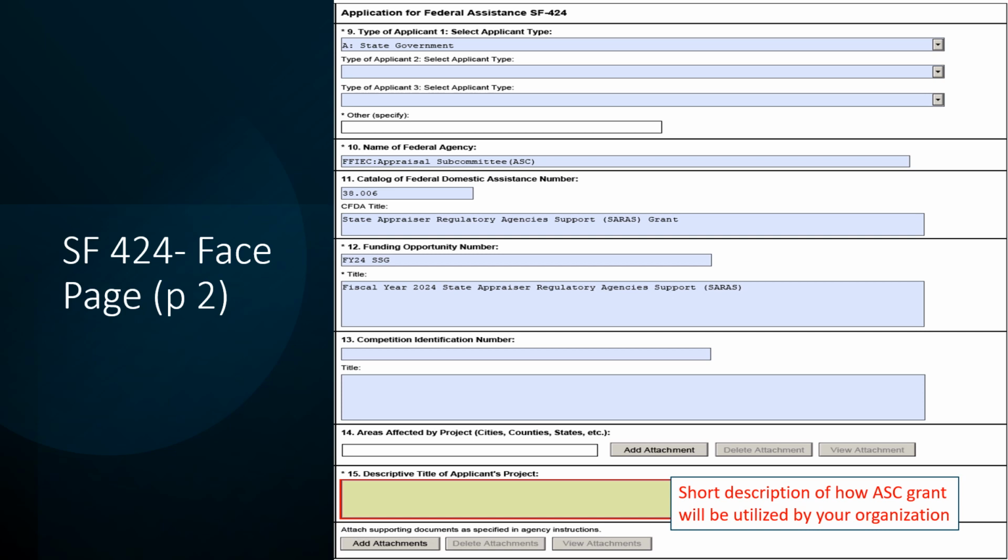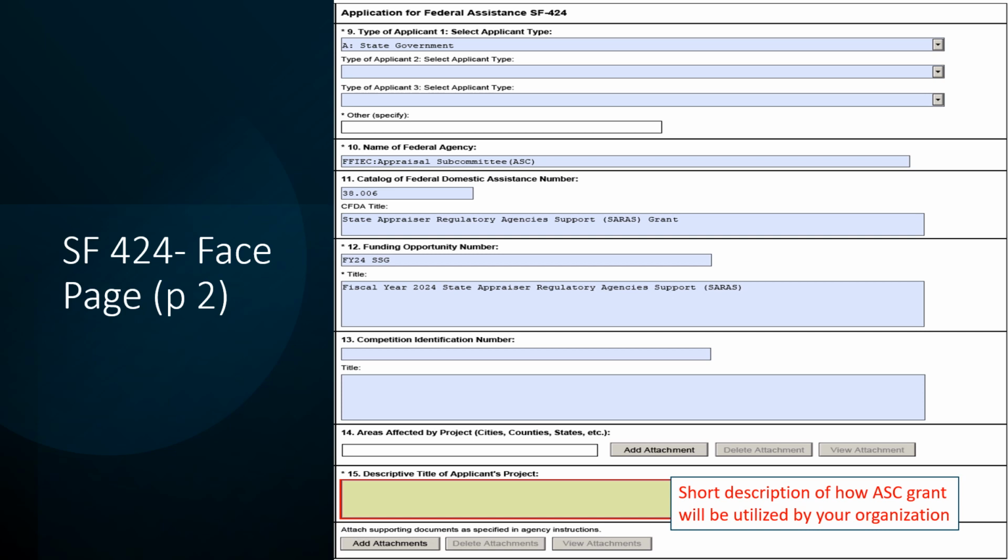Moving on to page 2 of the face page, we have a lot of information already pre-populated. Number 9 is pre-populated that you are a state government entity. Number 10 is the federal agency for which you are applying. We've included the catalog of federal assistance number for number 11, as well as the grant opportunity information.